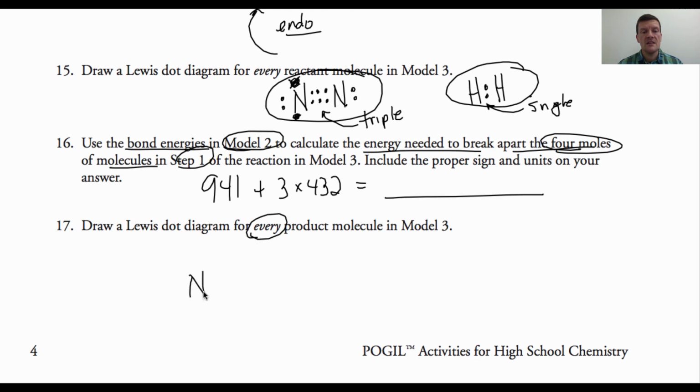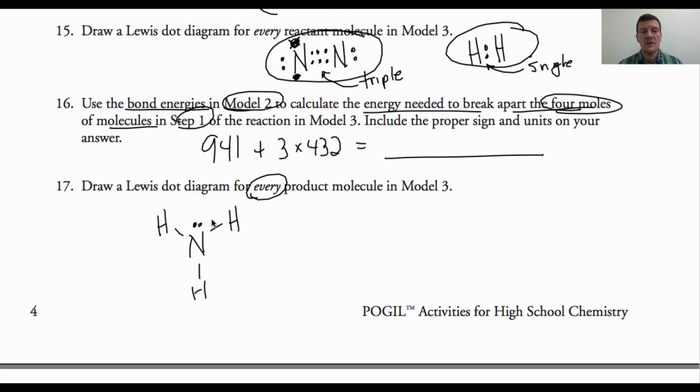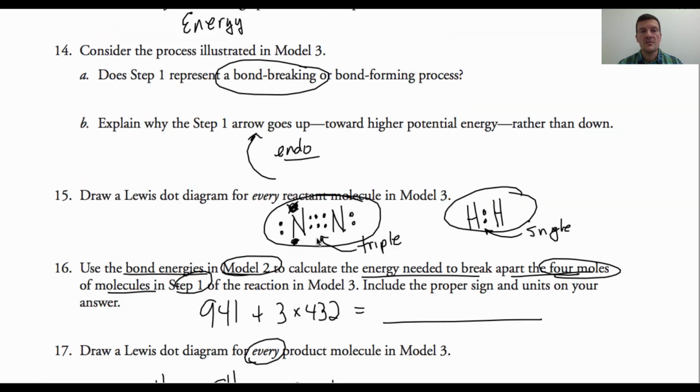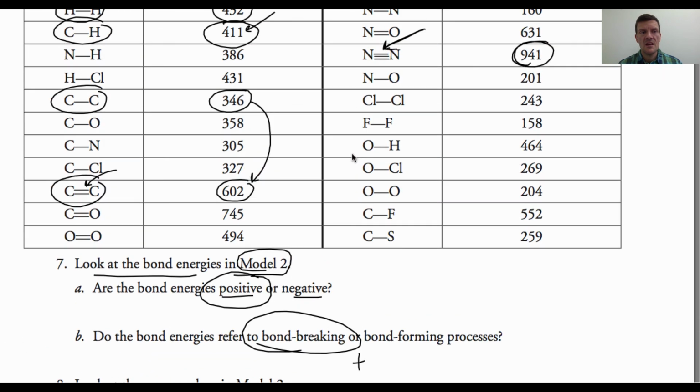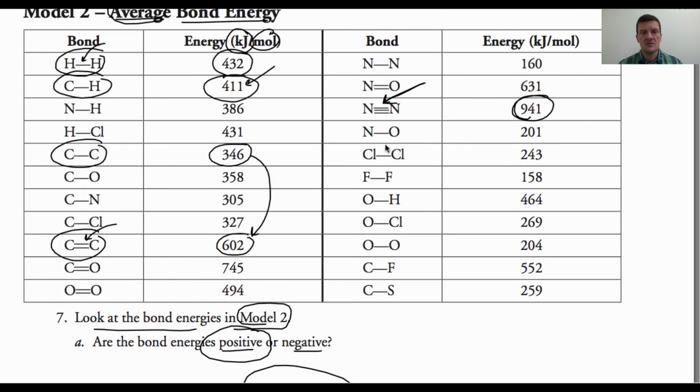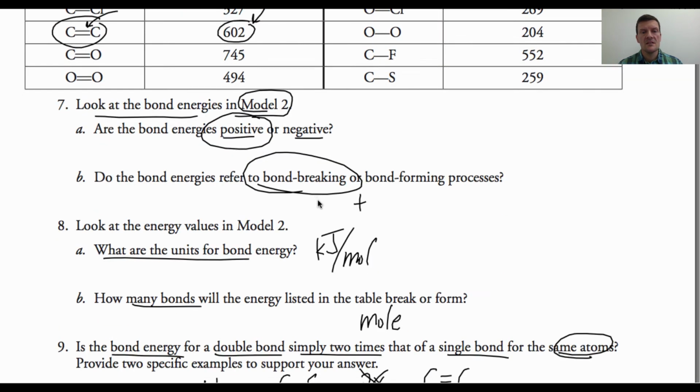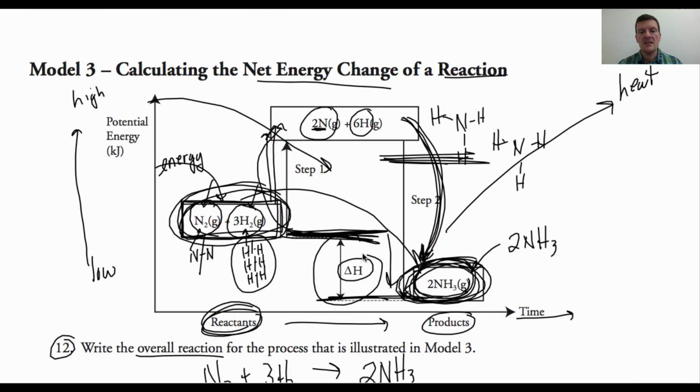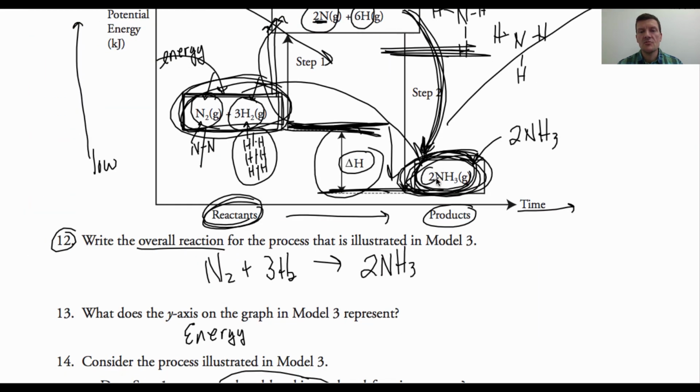The product, NH3, is going to look like this. That's the Lewis dot diagram for NH3. We have 3 NH bonds. So let's look up here, NH, 386. We got 3 of them, and in each of the 2 moles there are 3 bonds, but we got 2 moles of this.